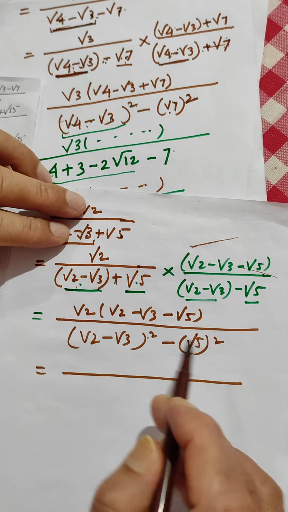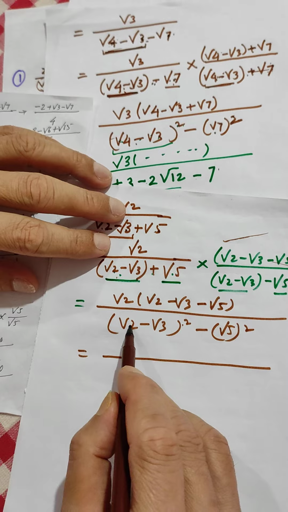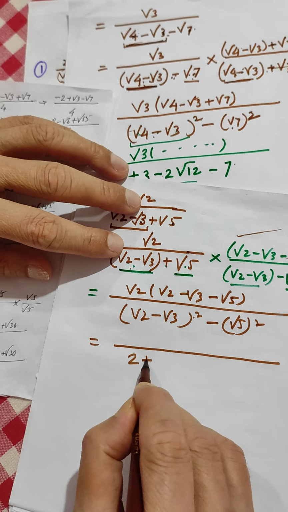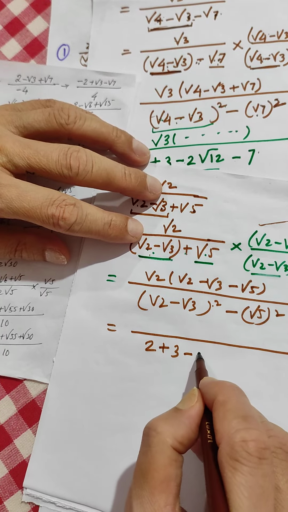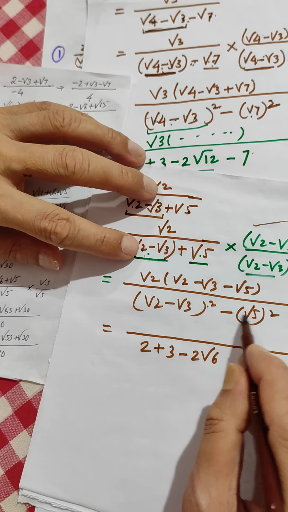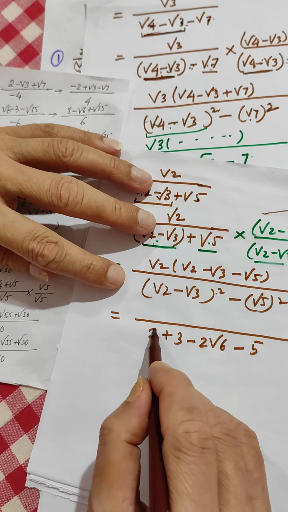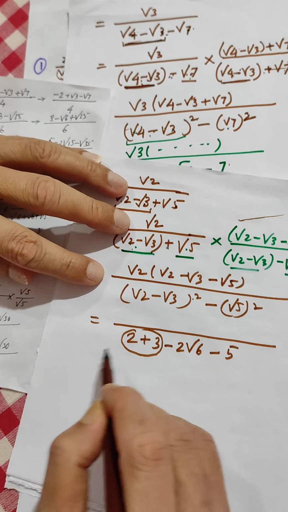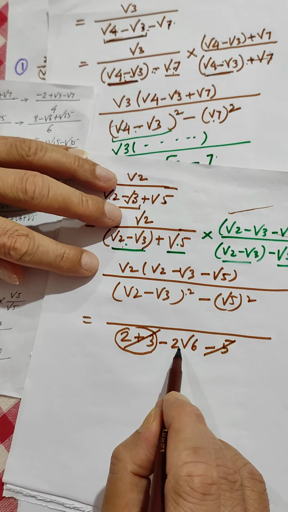Now A minus B whole square formula. So A minus B whole square is what? A square, root 2 square is 2, plus B square, root 3 square is 3, minus twice AB, that is 2 root 6. Then minus root 5 square is 5. Okay. Now see, this 2 plus 3 is 5. So this 5 and this minus 5 cancel. So what will remain? Only this will remain.